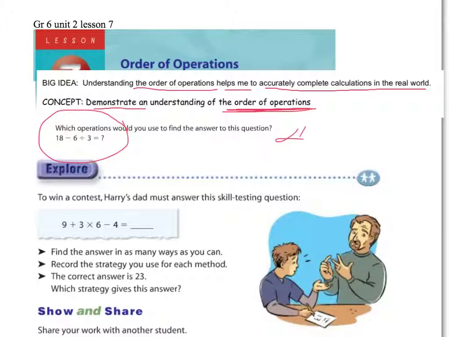So if we did it that way, we would get a 4. If we did 6 divided by 3, which would be 2, and then went back and went 18 minus 2, we would get 16. So which one is the right answer? Well, we will talk about that today. The order in which you need to complete the operations is what we call the order of operations.